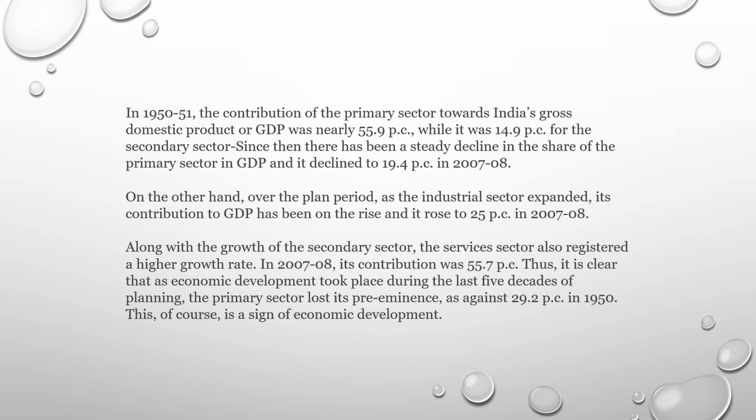So in 2007-8, we have seen service sector dominate our GDP. Thus, it is clear that as economic development took place during the last 5 decades of planning, the primary sector lost its preeminence. This, of course, is a sign of economic development. So, our economy is continuously developing, it is not stagnant.